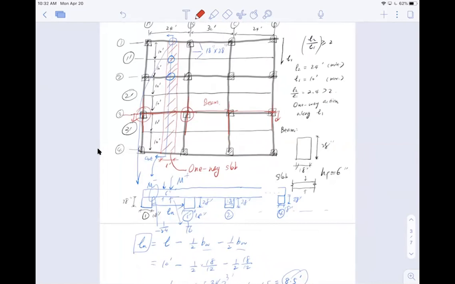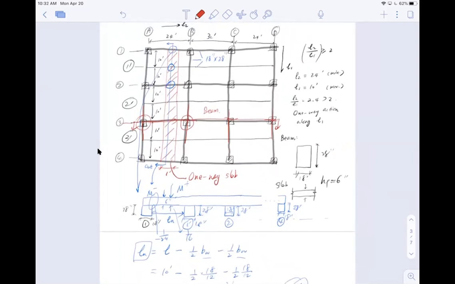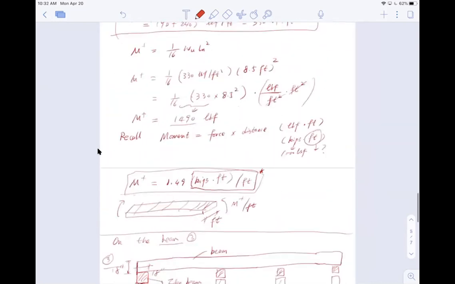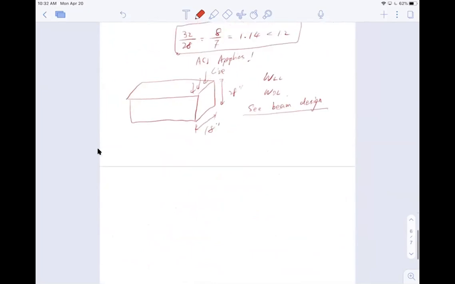Go ahead. For the beam design, when you find the dead loads and live loads, does that mean you're going to find them in linear foot? Well, think of it. Previously, when we did beam design, we used the cross-section area multiplied by the density of the concrete to get the dead load.